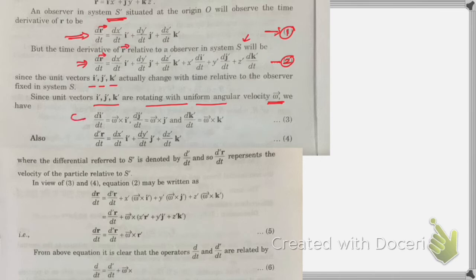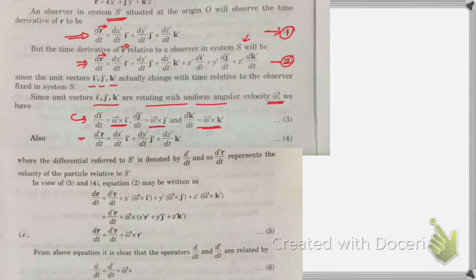So we have the time derivatives, this along x dash, this along y dash, this along z dash. Similarly, relative to the system S dash, we write the derivatives as d dash by dt instead of d by dt. So that is what we have done here.